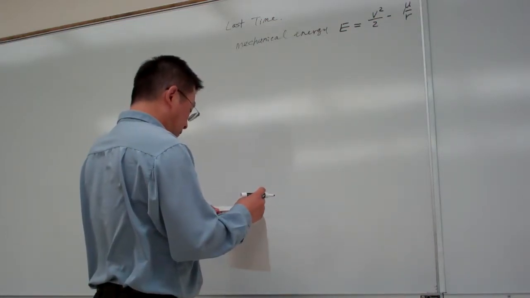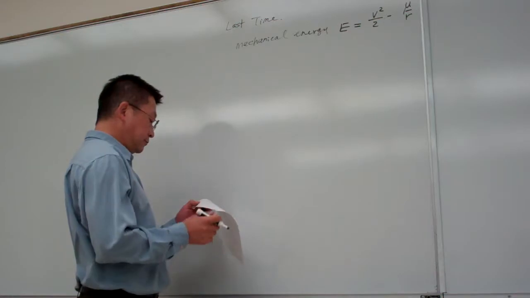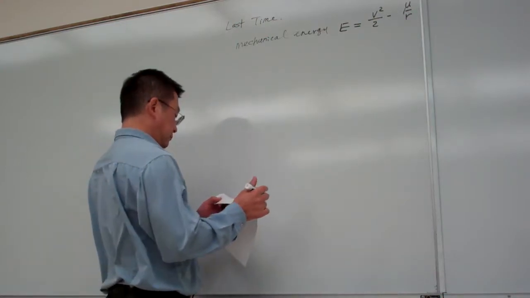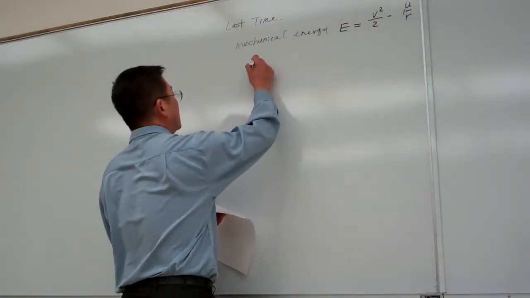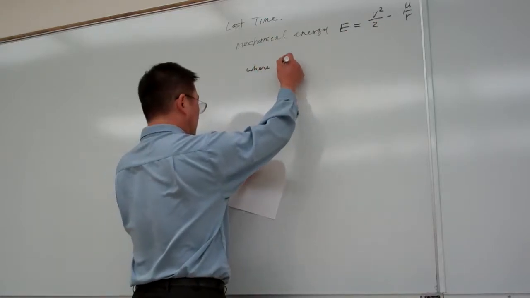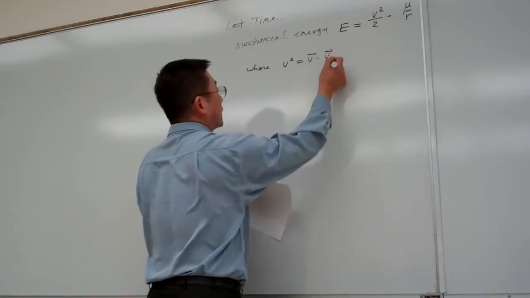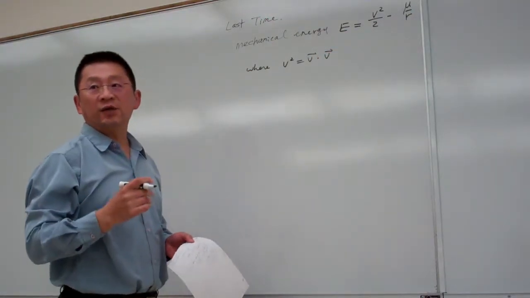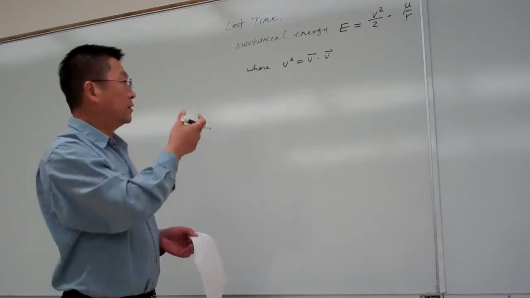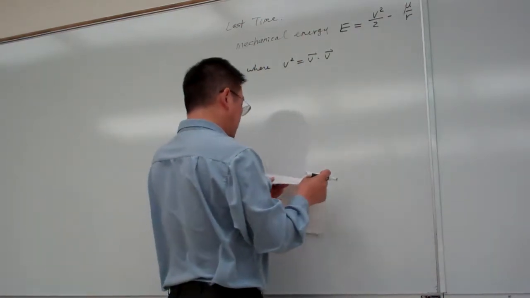So here, we can replace v squared, which is equal to v dot v, and let me do a little bit of manipulation of the equation, and we can see something else.